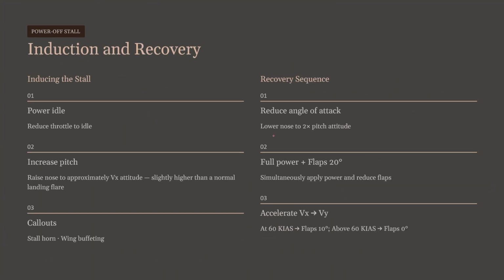All right. Now, let's look at the power off stall and the recovery. To induce the stall, it helps to think of this like you're performing a landing flare. So first, bring the power to idle and begin increasing the pitch to approximately VX attitude.